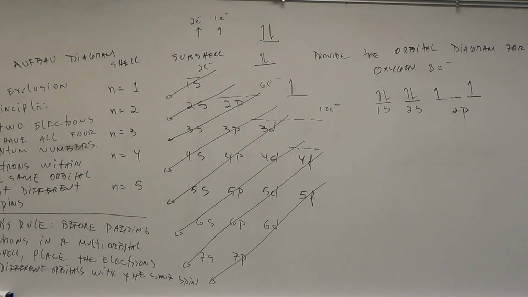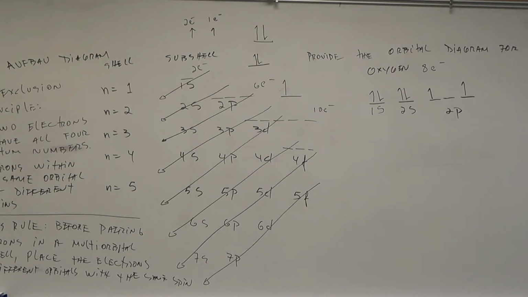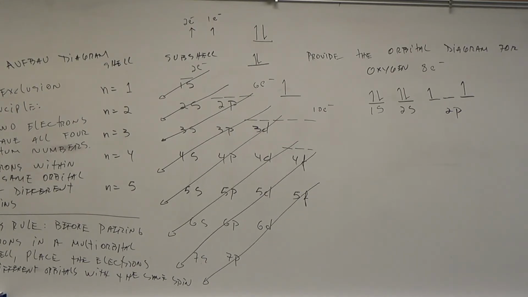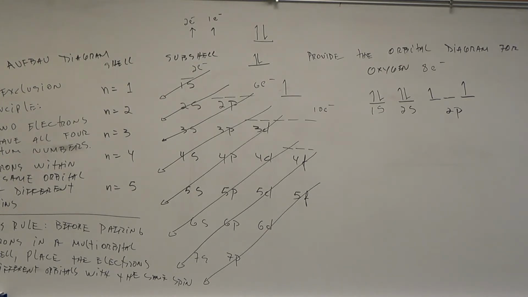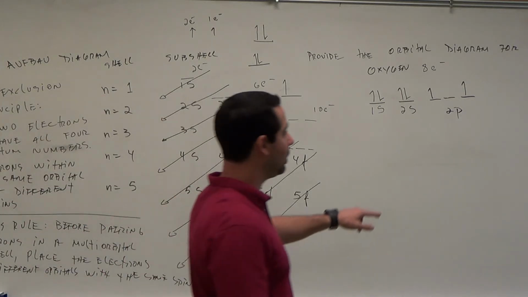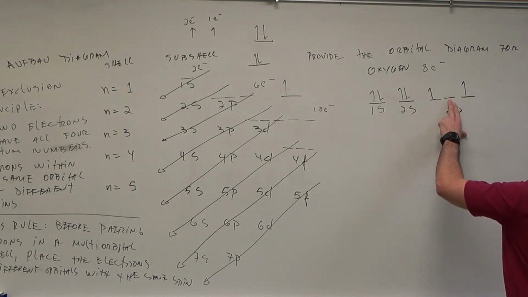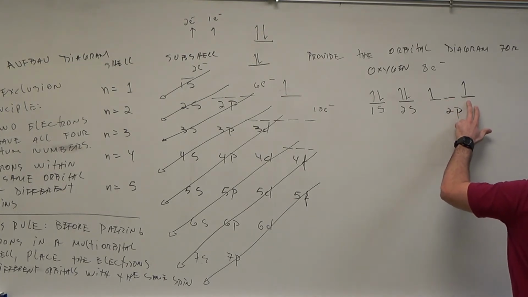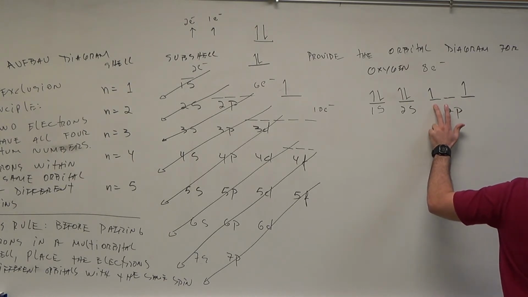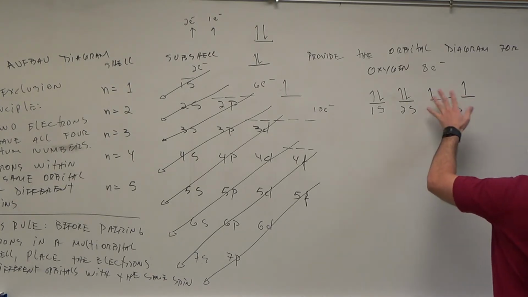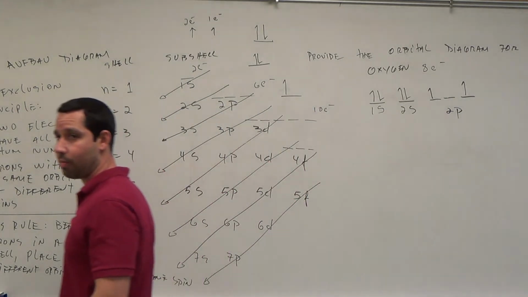It means the same energy. Degenerate means same energy. For those of you that are getting a major in English. So is there a difference in energy between this p orbital and this p orbital? No. Between this one and this one? No. Because they all have the same energy, the electron can go in either one of them without a problem.